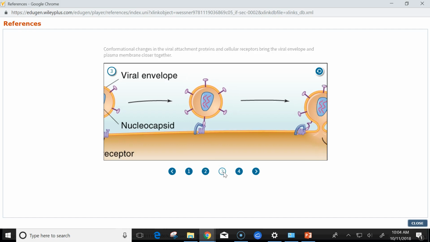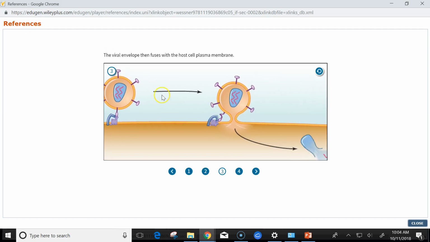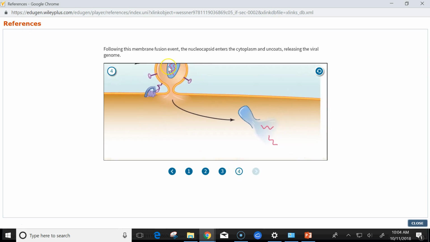Okay, and then the virus membrane touches our membrane, and the membranes fuse. And so then the nucleocapsid, this is the nucleic acid surrounded by the protein coat, enters into the cell, and then the two of them separate, uncoats. And synthesis begins next.